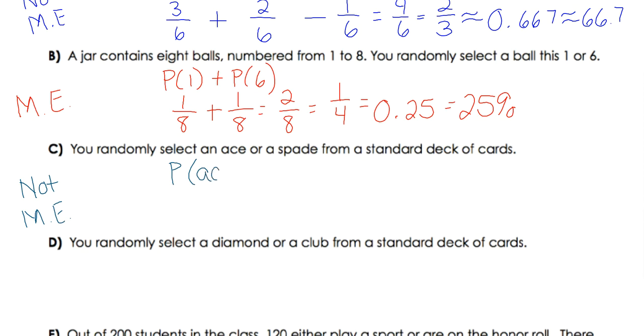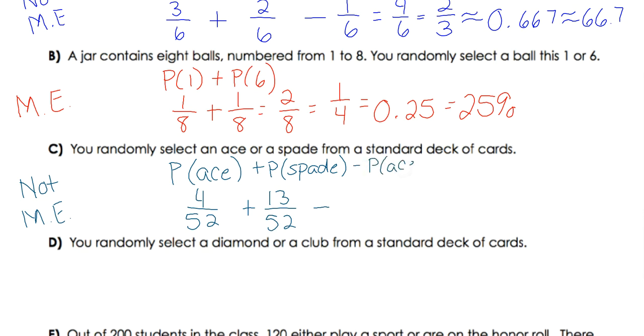So we're going to say the probability of an ace, if we think about a deck of cards, there are 4 aces out of 52. We're going to add to that the probability of a spade. And if you remember, there are 13 spades in the deck of cards. And then I'm going to subtract out the probability of picking the ace of spades.